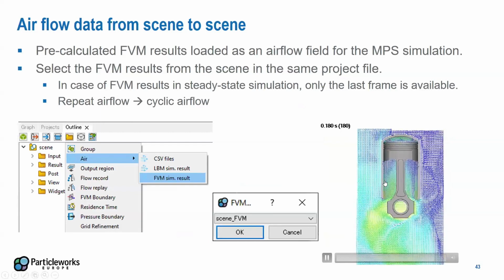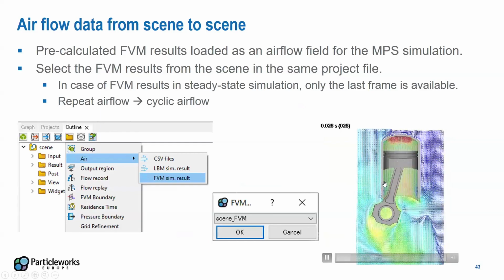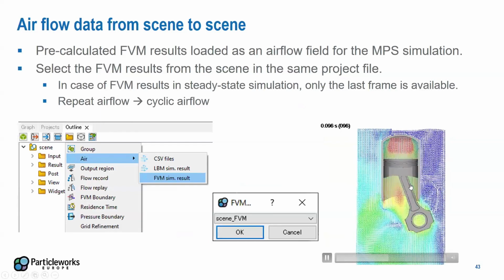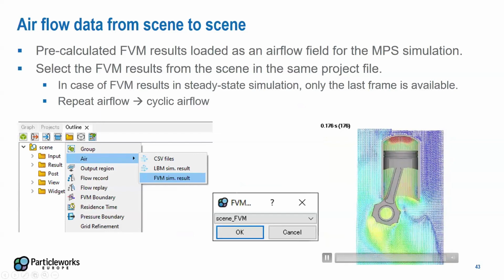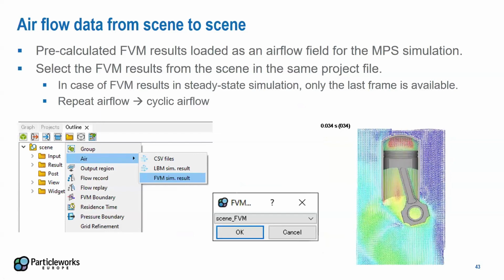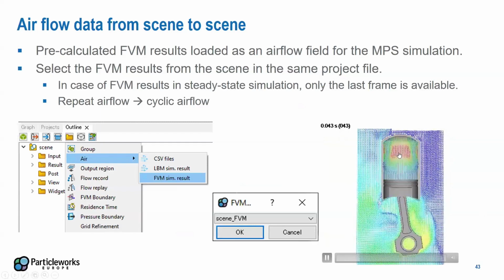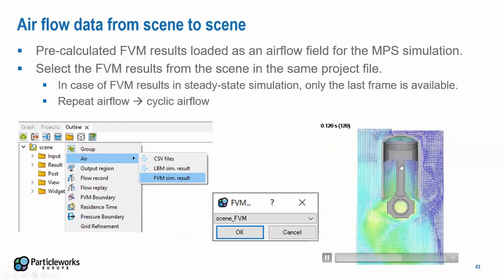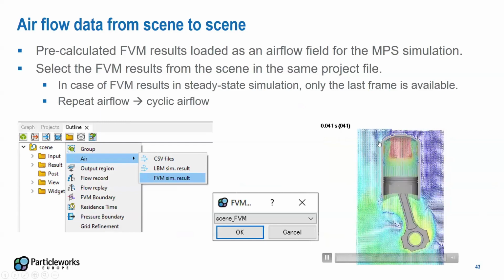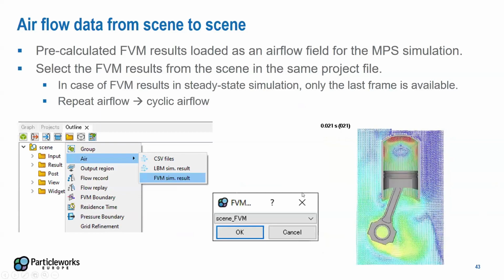Basically, as mentioned, inside Particleworks, we have not only the fluid, so moving particle, solver for jets or splashing, but we also have this dynamic finite volume method. That is what you see here in the piston cooling application. So basically, we can couple the air simulation with the oil simulation, for instance, very efficiently.